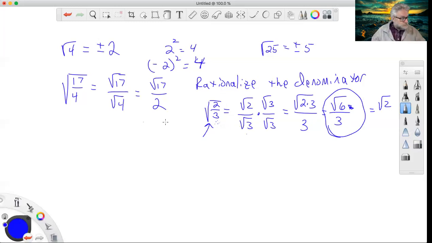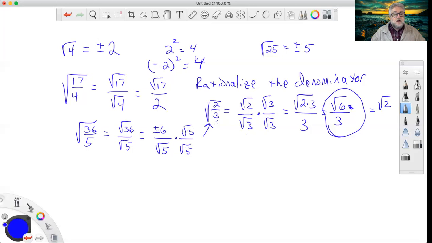Okay. So now let's say, what's square root of 36 over 5? Well, that'll be square root of 36 over square root of 5. Square root of 36 we know is plus or minus 6, right? Square root of 5 is just square root of 5. Got to do something with that square root of 5. So again, multiply by radical 5 over radical 5.